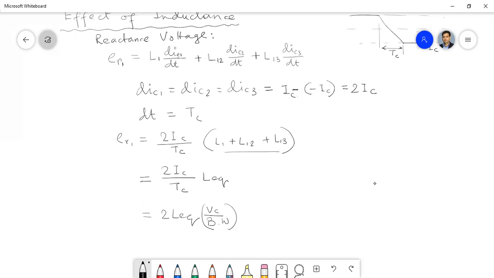And what is the value of this IC, if we know the value of armature current? IC is IA by A, where A is the number of parallel paths. So this is IA by A.